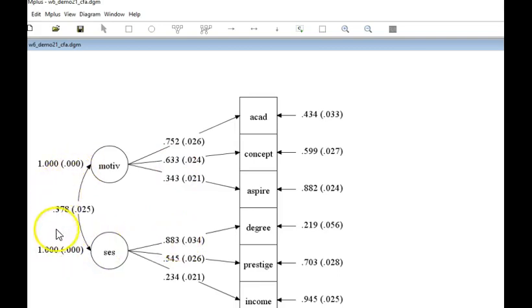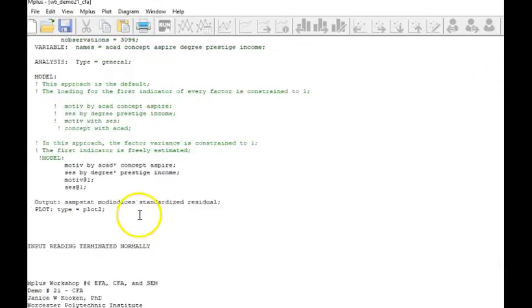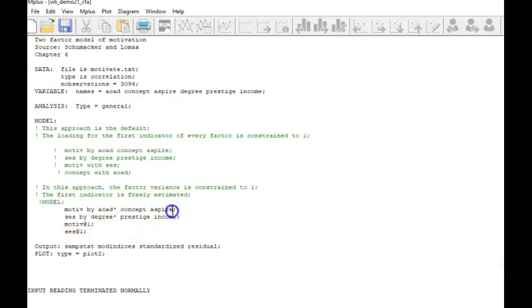And now I see that the factor variances, which are here, are both constrained to 1. I'm going to show one other thing. I remember that we saw that Aspire could actually be loaded on SES. So I'm going to show you how to do that. I'm going to go down to this current model, and I'm going to put Aspire into SES as well.